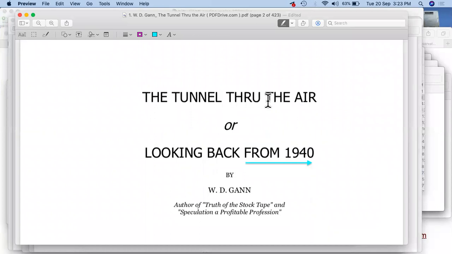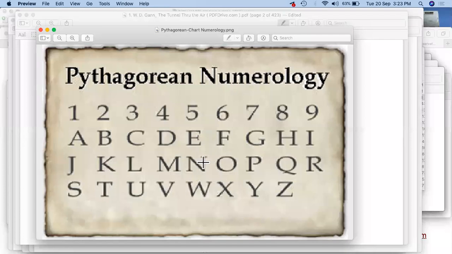If we consider "through", T is 2, so I take down 2, plus H. H is 8. 2 plus 8 is 10. Then R. R is 9. So 10 plus 9 is 19.